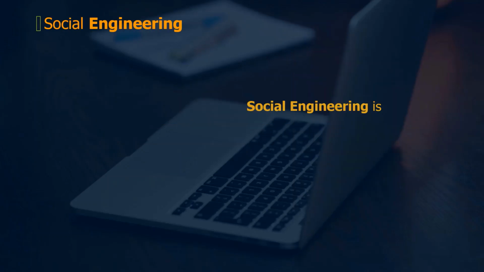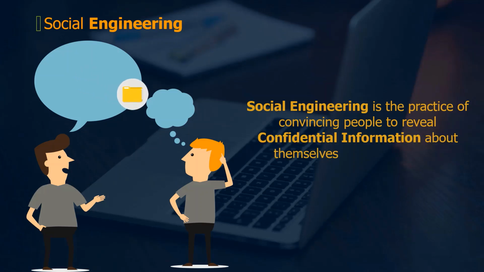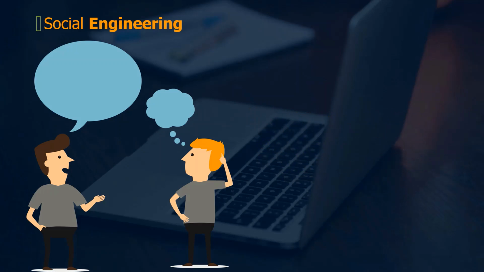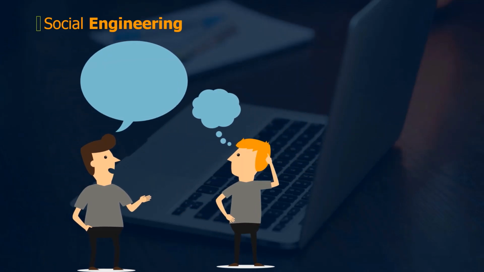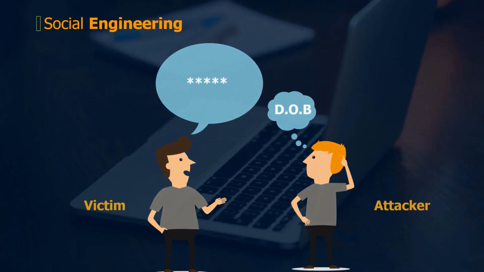Social engineering is the practice of convincing people to reveal confidential information about themselves, friends, relatives or colleagues. It involves human interaction and befooling people into breaking security procedures. Attackers gain trust of the victim or victim's family or friends and manipulate them, so that they reveal the required information.